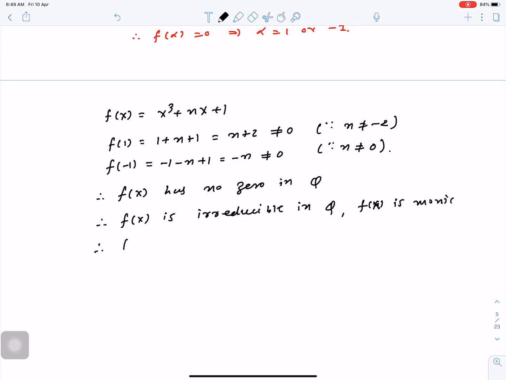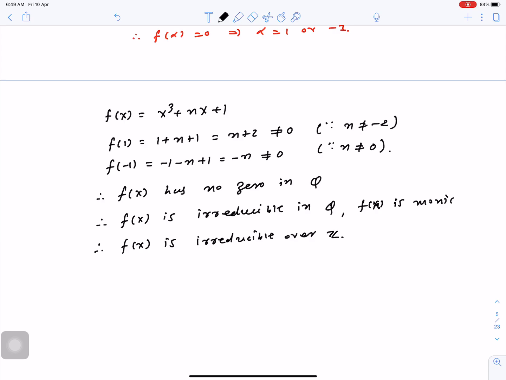So therefore f(x) is irreducible over Z if n is not equal to 0 and minus 2.